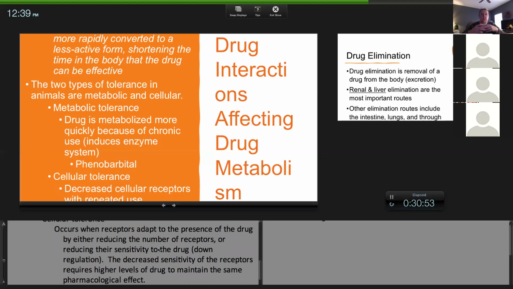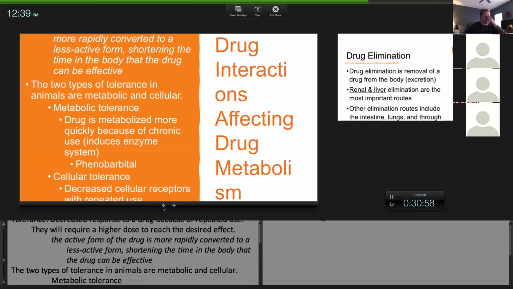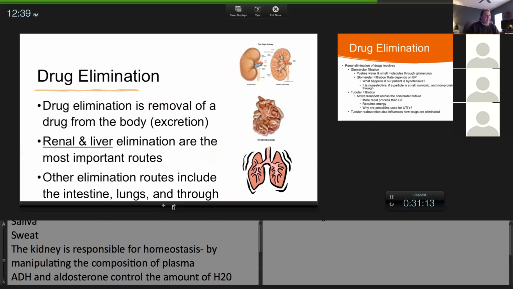So if, for example, you give something that has to bind to a receptor and this receptor is not as sensitive, you're going to have to use an increased dose, and that's also, again, from chronic use. Now, again, I think there are maybe some more examples of this in people abusing drugs and alcohol. But again, if you're giving a chronic drug to a dog, we have to think about this as well.